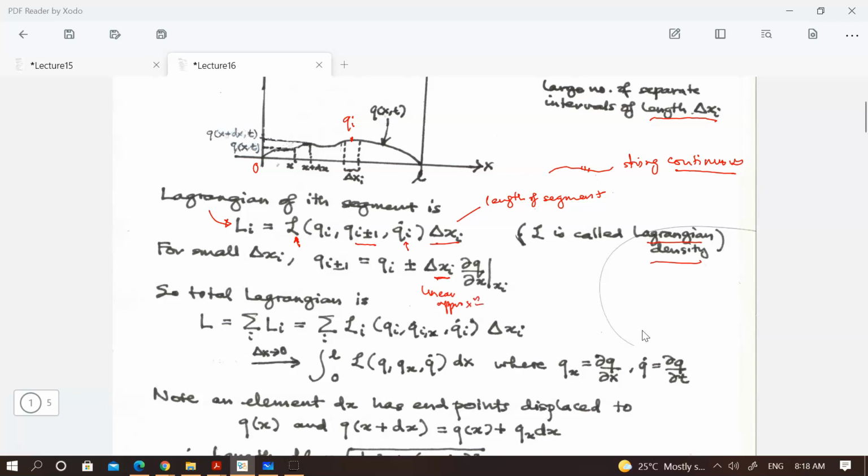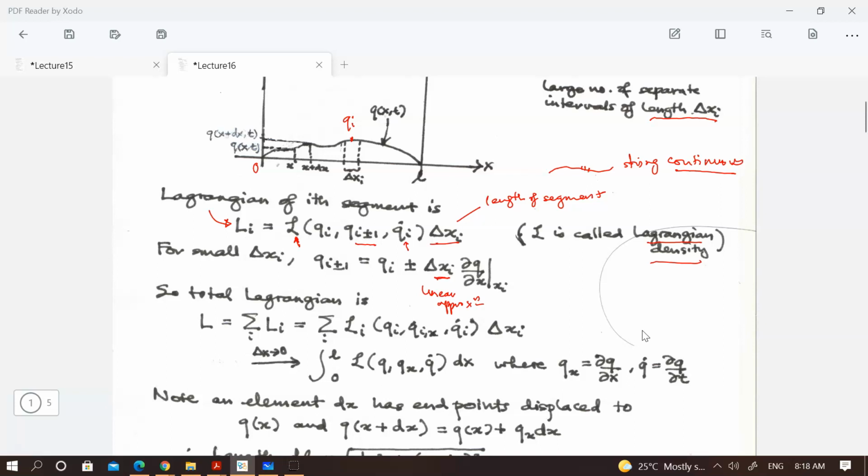And what multiplies this length of the segment will be this derivative of q with respect to x. Remember, your q is a function of x. x is your independent variable here. Your q will somehow depend on this particular x.